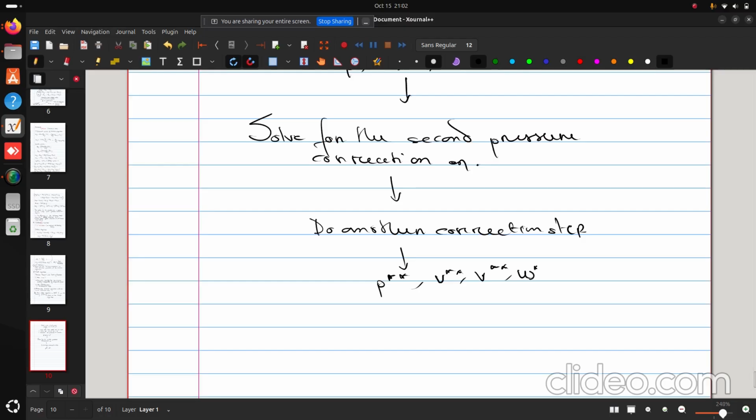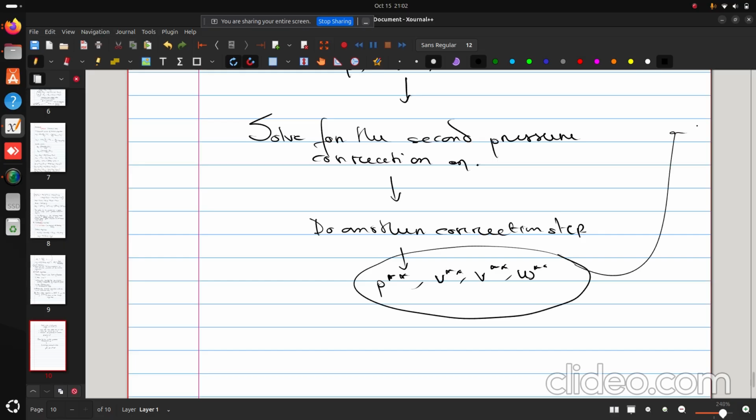Then we again do the same thing, that we check for the tolerance, whether the solution has converged or not, and if it has converged, then we stop the iterations, and if not, then we use these values as initial guess, and we start from the top and do the whole thing again.